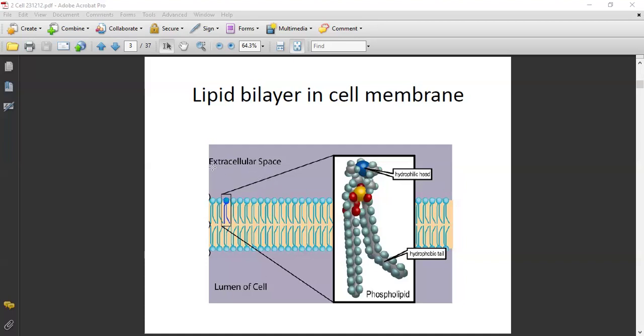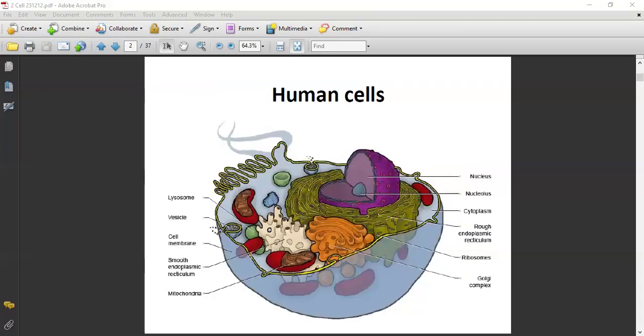You have the extracellular space, you have the intracellular space. And again, you can apply this membrane. Here is extracellular space, intracellular space. You also can have the membrane to form this organelle, to form this organelle, to form these organelles.